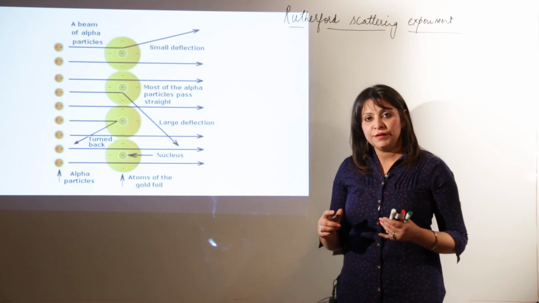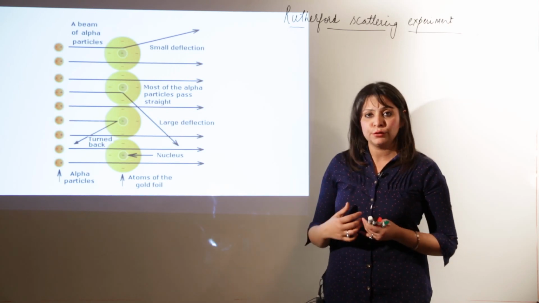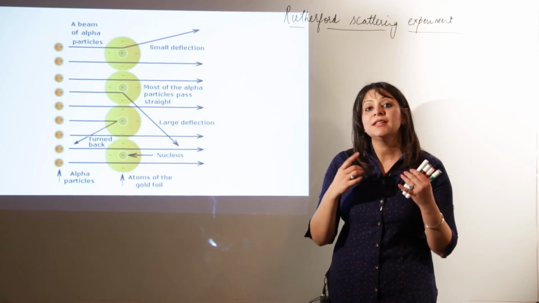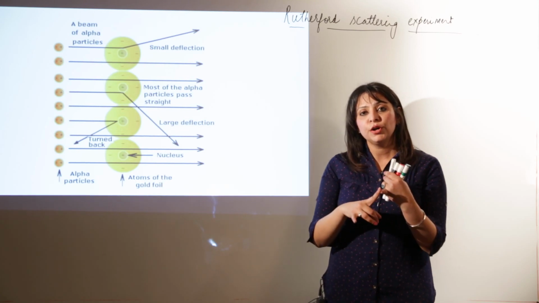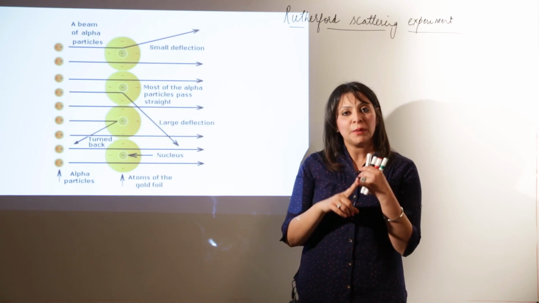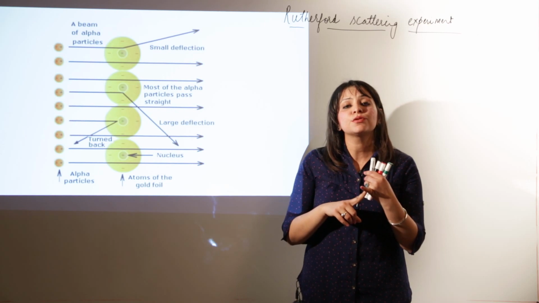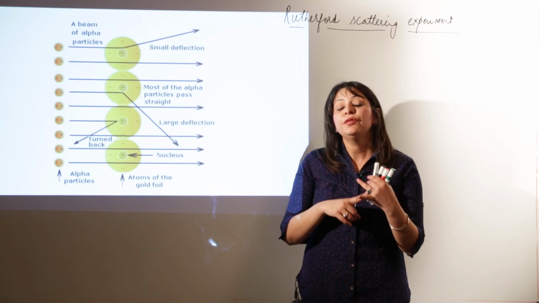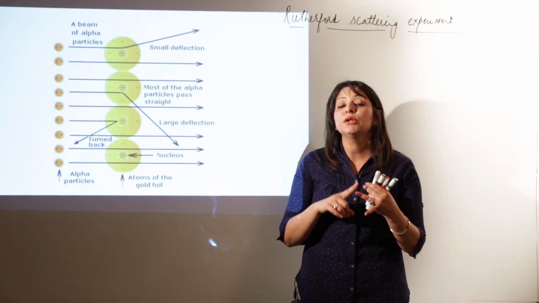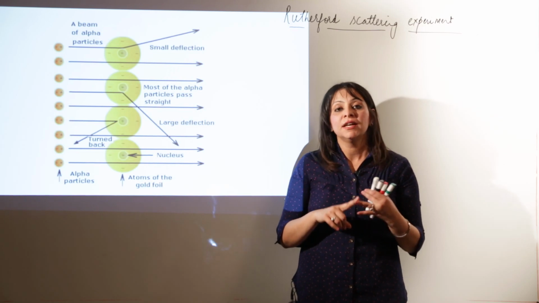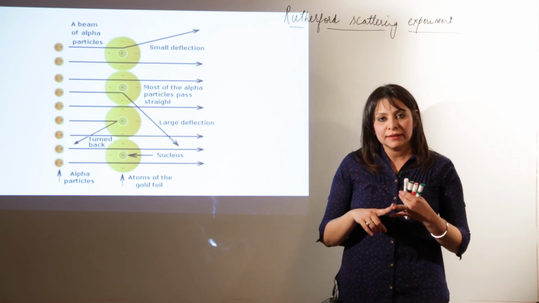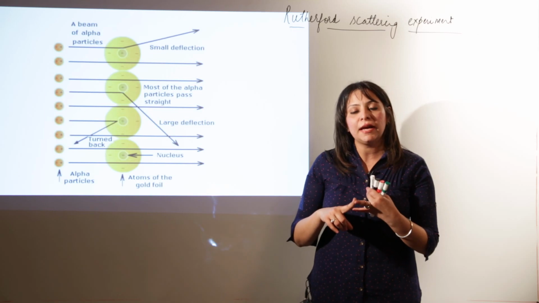So these were the observations and the conclusions. I'm listing them again, just listen carefully. The observation was that many of the rays pass straight, few were deflected through small and large angles, and few retrace their path. The conclusion made by Rutherford is that most of the space in the atom is empty.